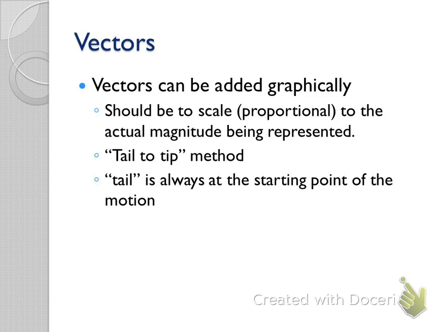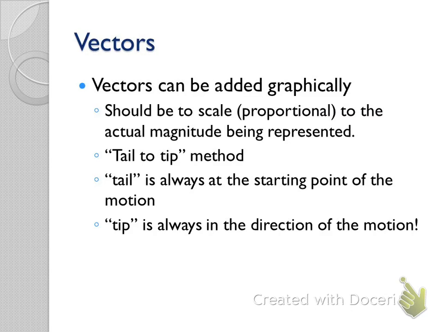As we looked at our coordinate system, our first arrow went in the direction of the motion and it started at the origin. After that, you add them on top of each other. So from the tip of one arrow goes the tail of another, and you add it on top. From that tip goes the tail of another, and you add it on top. I'm going to show you again when we graph that same motion so you can see it a little more clearly. The tip of the arrow always goes in the direction of the motion.